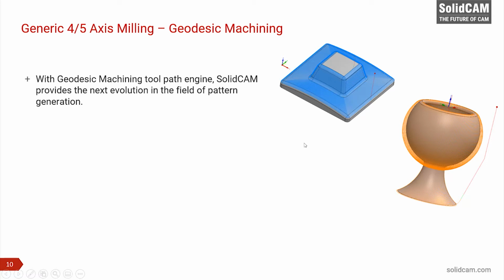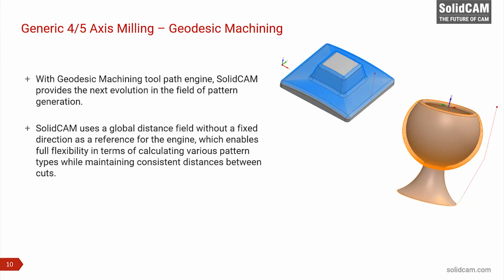So what SolidCAM does here is not look at the surface from a particular direction or a particular side. Each surface is handled in a separate way, and the pattern is generated in such a way that the distance between two cuts is constant at any given point.